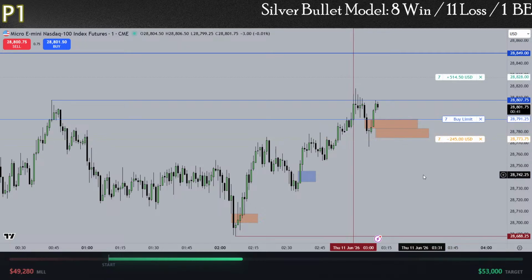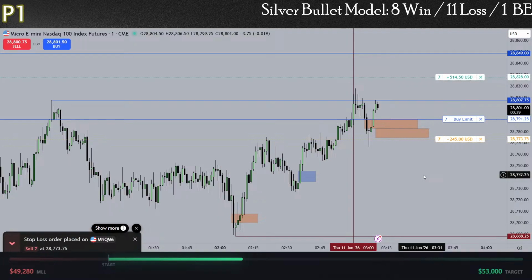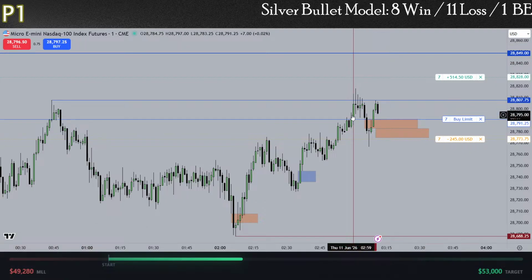All right, so sticking to the idea that this is the near-term draw on the upside. I like the fact that we couldn't offer any bearishness on these two bearish fair value gaps potentially.